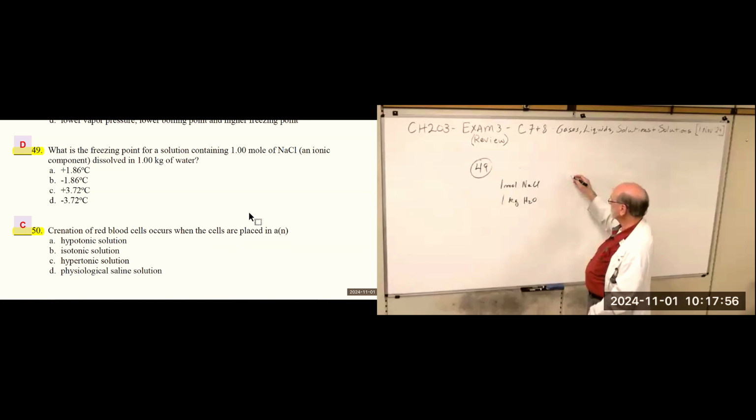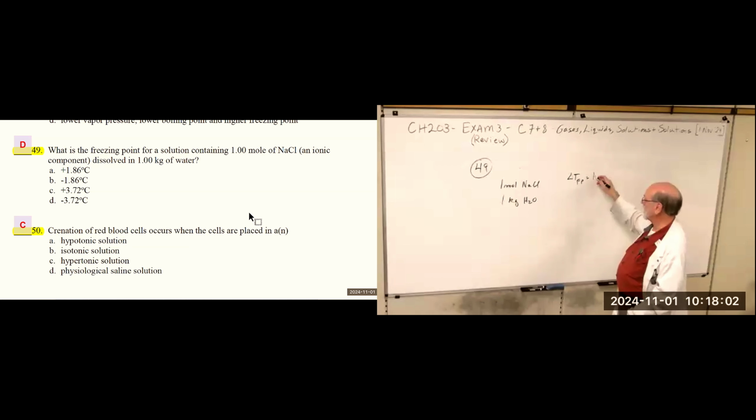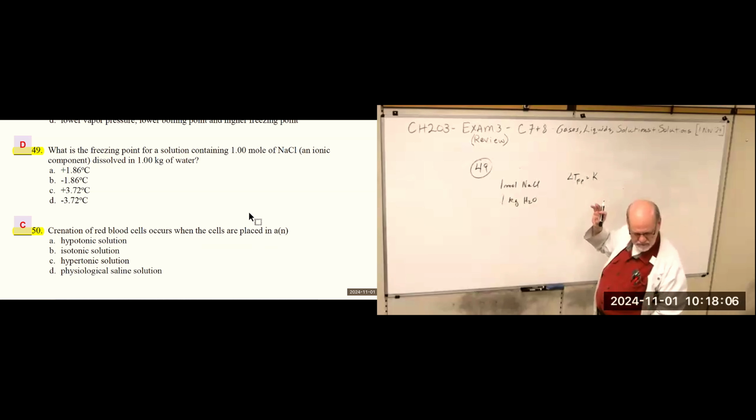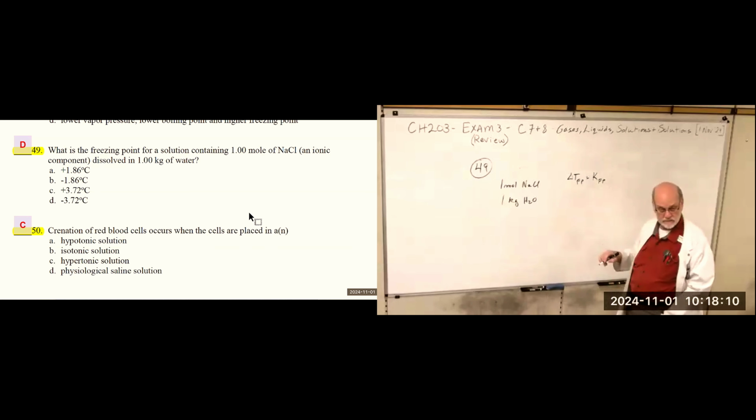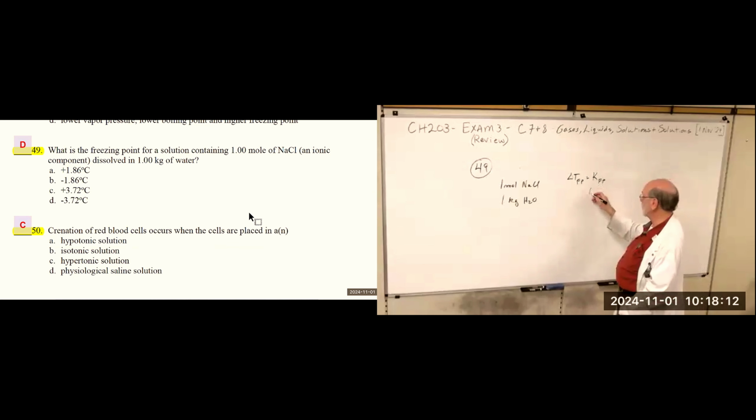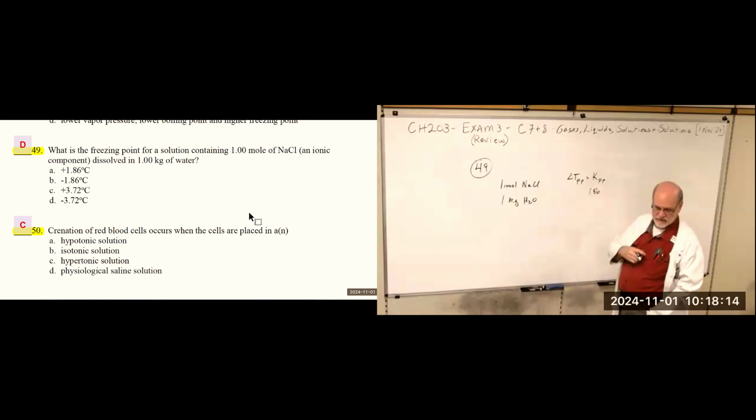So the change in temperature for the freezing point is equal to what? Well, we've got a constant for the freezing point of water, which is 1.86. It's not given in the problem. It should have been put in there. 1.86.